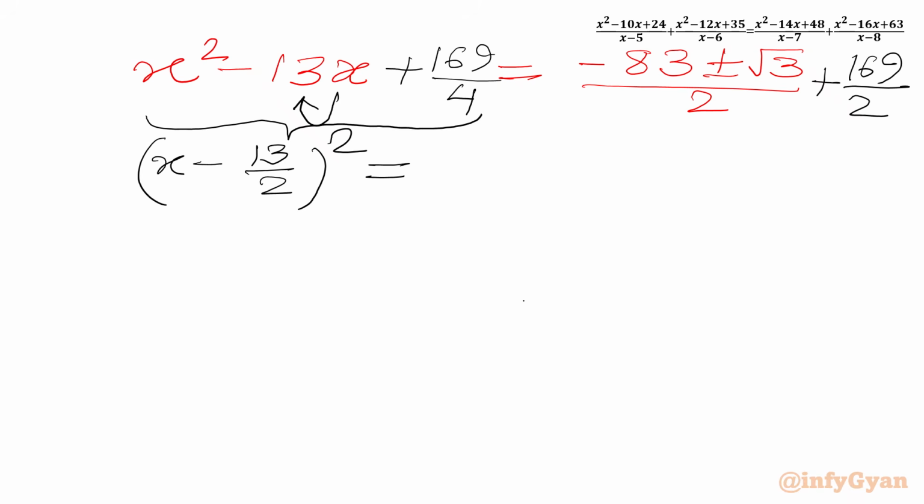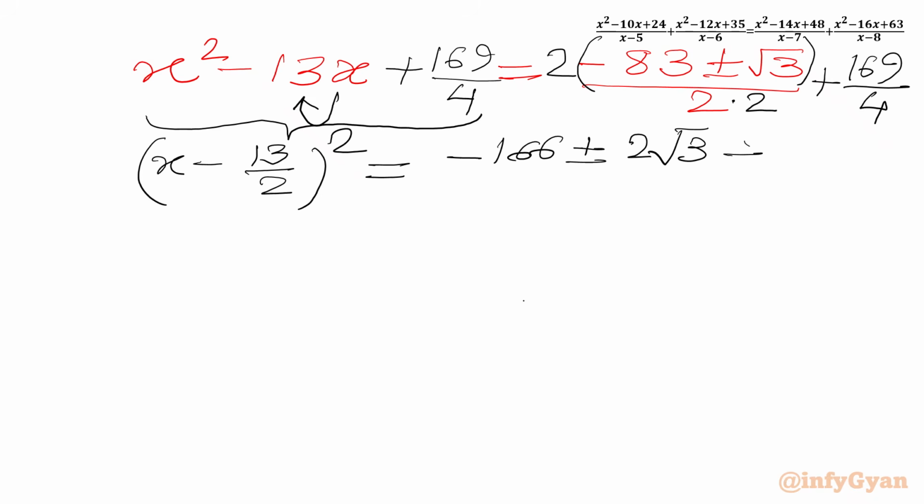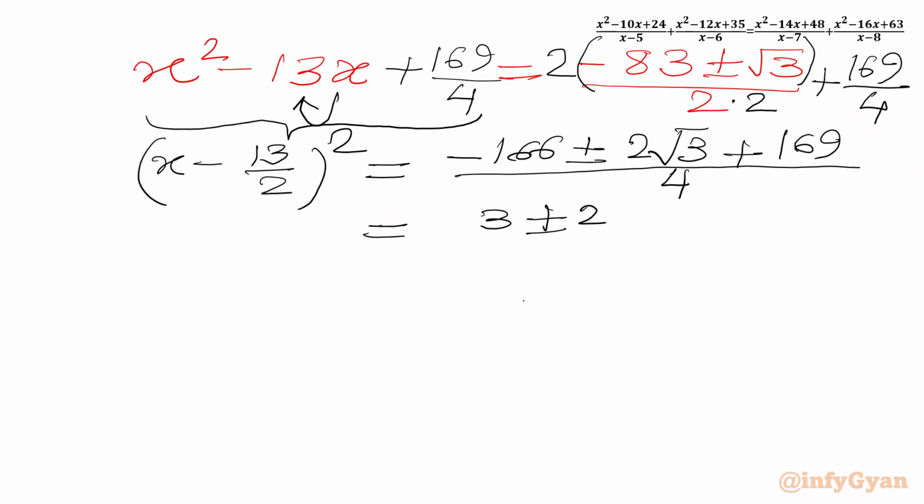We have a 4 in the denominator, so we will multiply here with 2, and in the numerator also with 2. We will get -166 plus minus 2 square root 3 plus 169, with common denominator 4. 169 minus 166 will be 3. So 3 plus minus 2 square root 3 over 4.